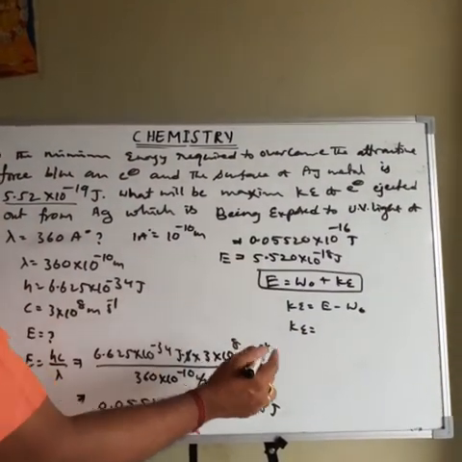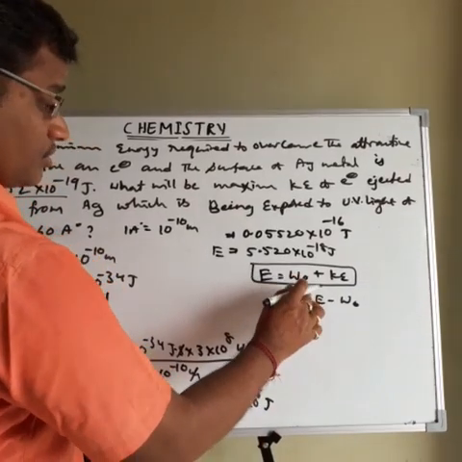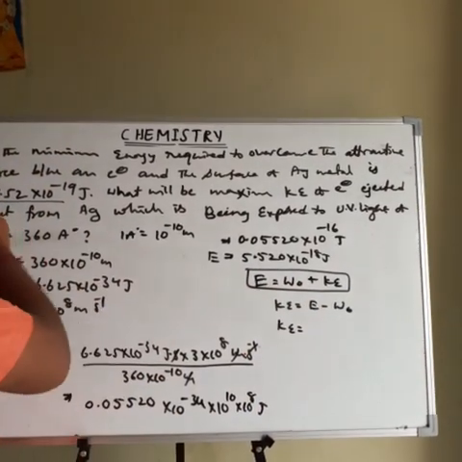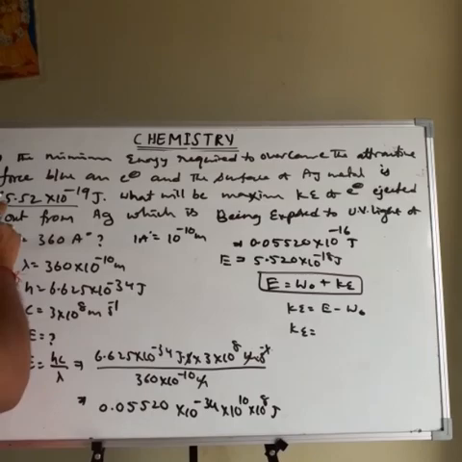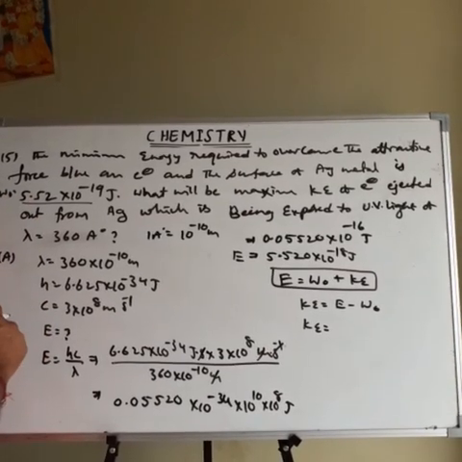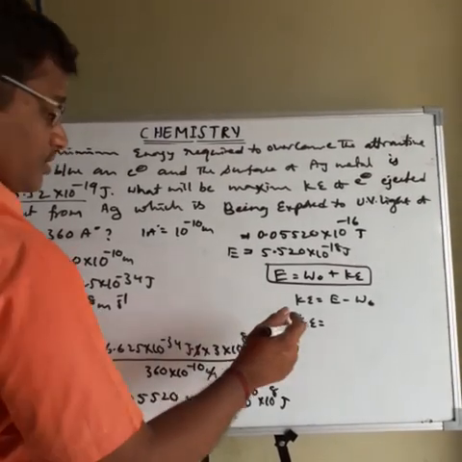Therefore kinetic energy is equal to energy, which just now I told 5.52 into 10 power minus 18, minus W naught. W naught value you know already: 5.52 into 10 power minus 19. Then what we get?